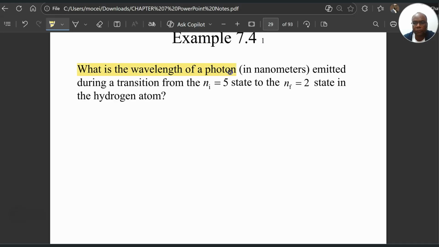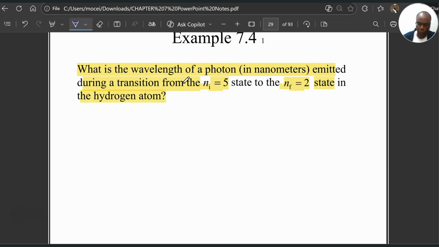What is the wavelength of a photon of light in nanometers emitted during a transition from energy level n equals 5 state to the energy level n equals 2 state in the hydrogen atom? So we have to understand what's happening here. Assume the y-axis is energy. This is energy level 1, energy level 2, n equals 3. They usually come closer and closer as they go up.